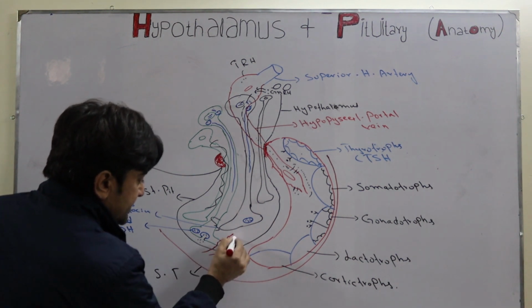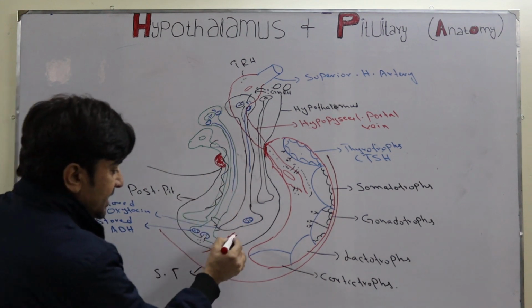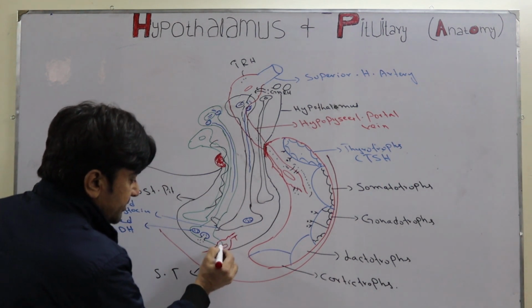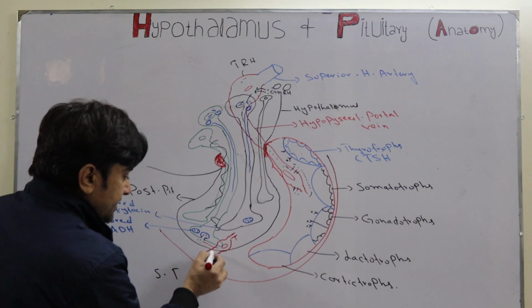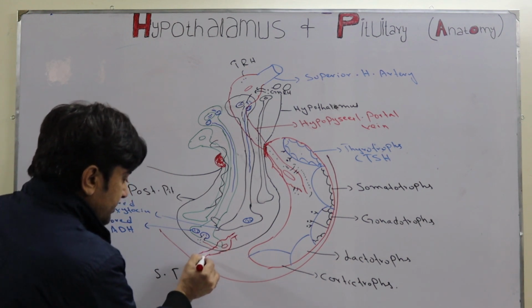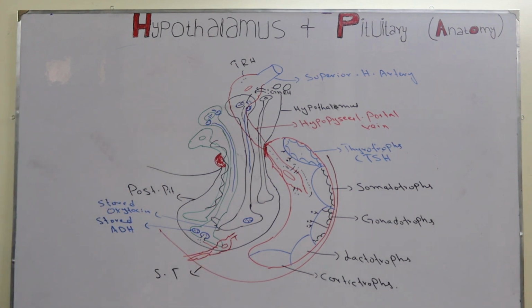Here is another vessel which enters particularly this posterior lobe. This is called the inferior hypophyseal artery. The inferior hypophyseal artery gives rise to capillaries, and these hormones oxytocin or ADH enter this capillary, and capillaries rejoin to form a vein, and through the vein it reaches its target site.